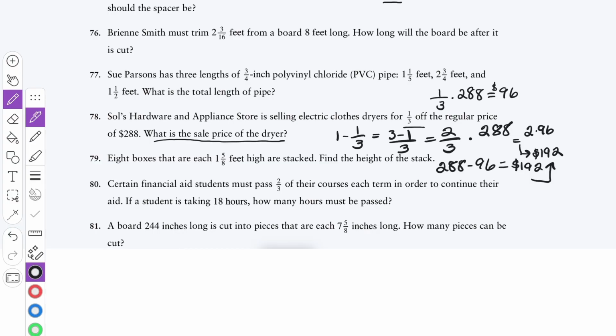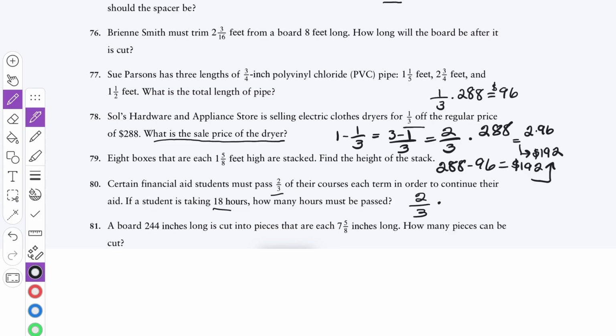And then lastly, I'll do 80. Since students usually attend college, certain financial aid students must pass 2/3 of their courses each term in order to continue their aid. If a student is taking 18 hours, how many hours must be passed? Okay, so then that's just 2/3, right?